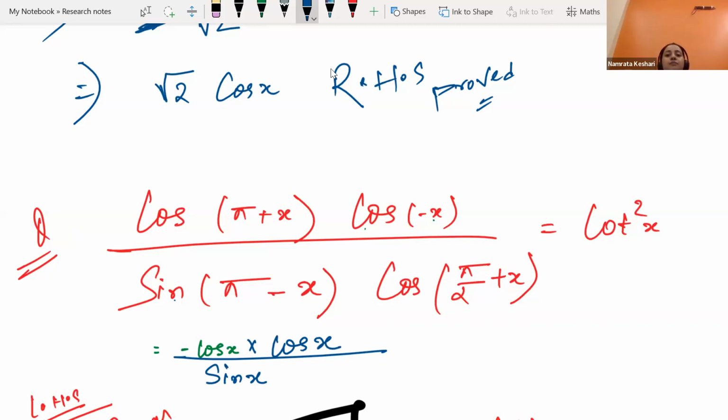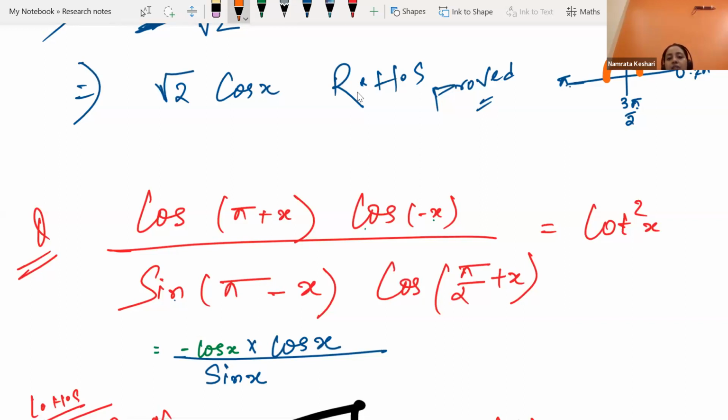From 0 to pi by 2 is the first quadrant, pi by 2 to pi is the second quadrant, pi to 3 pi by 2 is the third quadrant, 3 pi by 2 to 2 pi is the fourth quadrant. Again, pi minus x is which quadrant? Till here it's pi.